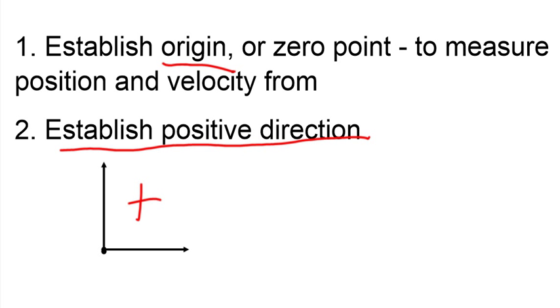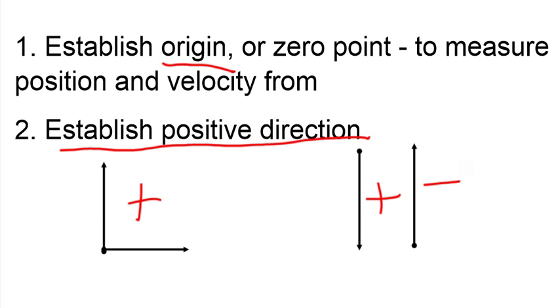But for some problems, in particular the problems that we use with gravity or free fall problems where the object is only moving down, it is more convenient to select down as positive. And when you do something like this, that automatically means that up is negative. And so we can set our positive and negative directions however we like.